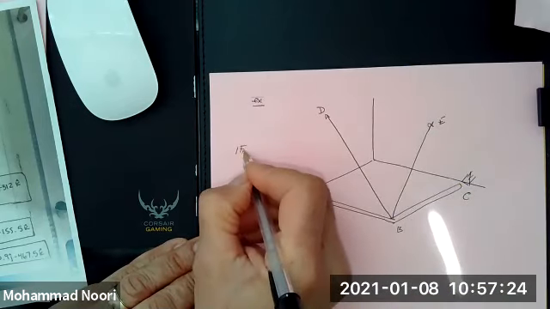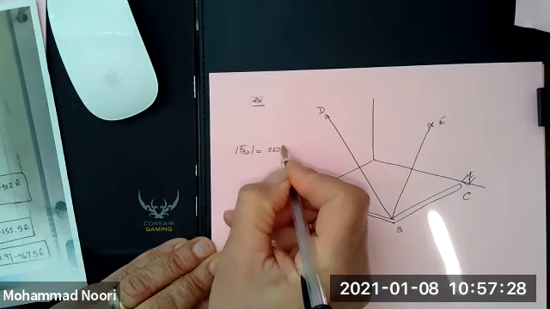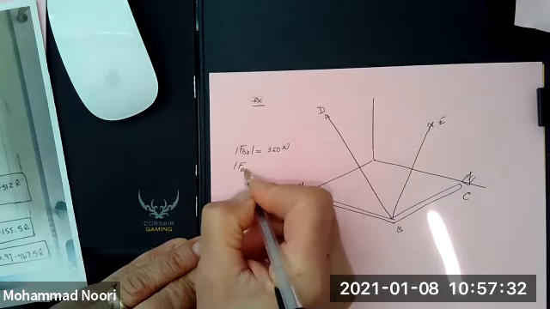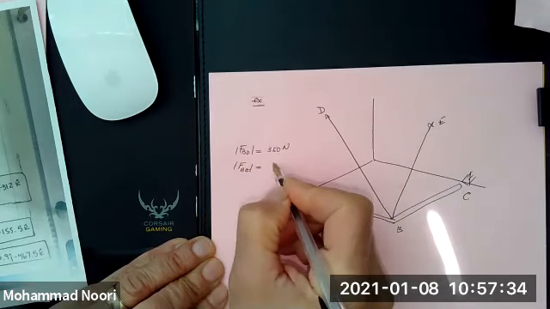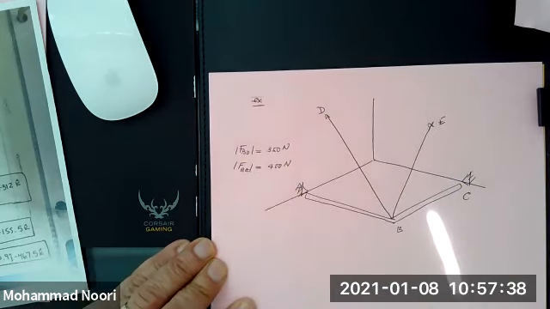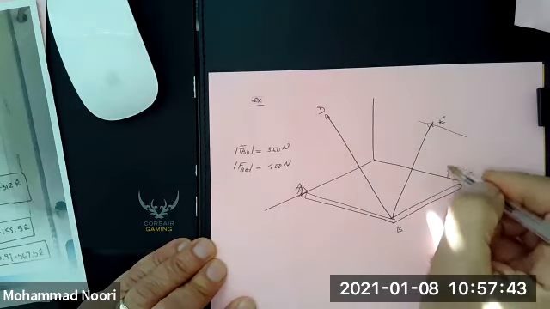Force in BD is given as 350 Newton. Force in BE is given as 400 Newton.